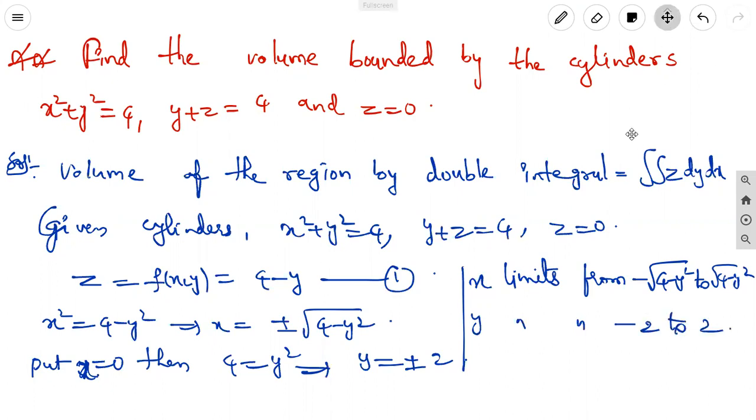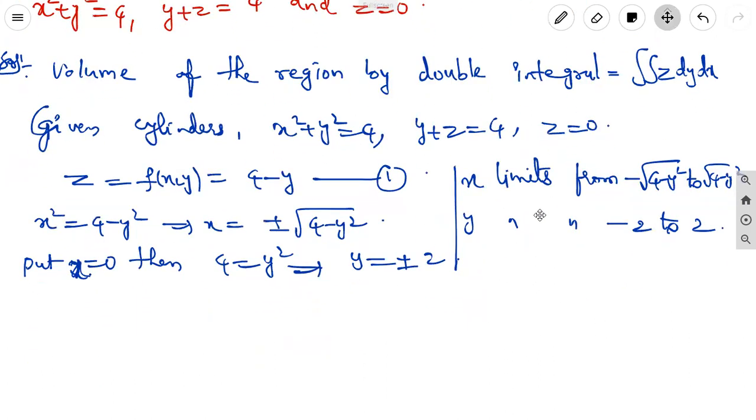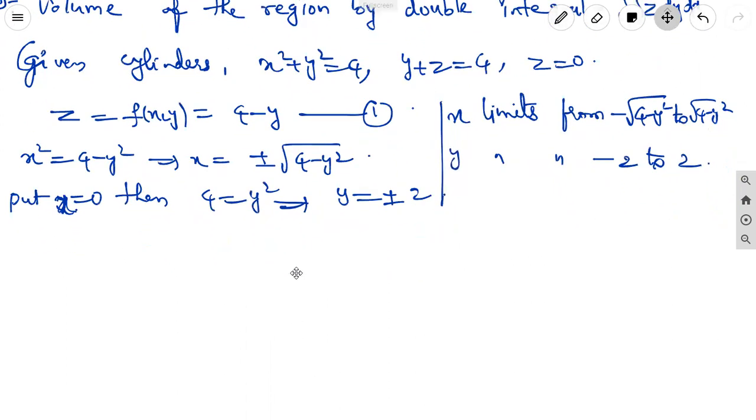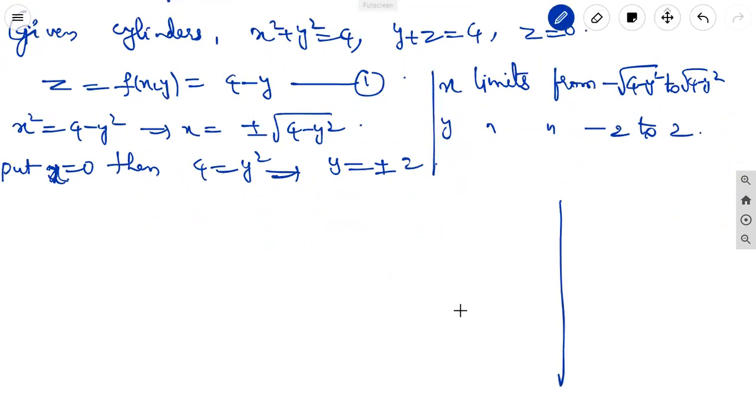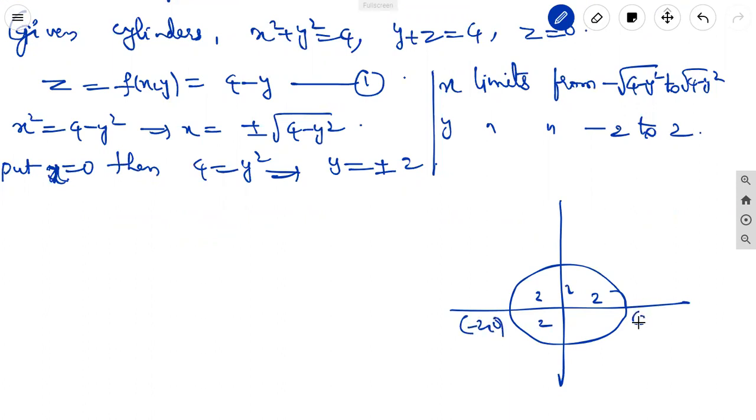Now we take the curves which are the common cylinders, that is, the circle equation with radius 2, with points minus 2 comma 0 and 2 comma 0. And we take y plus z equals 4.